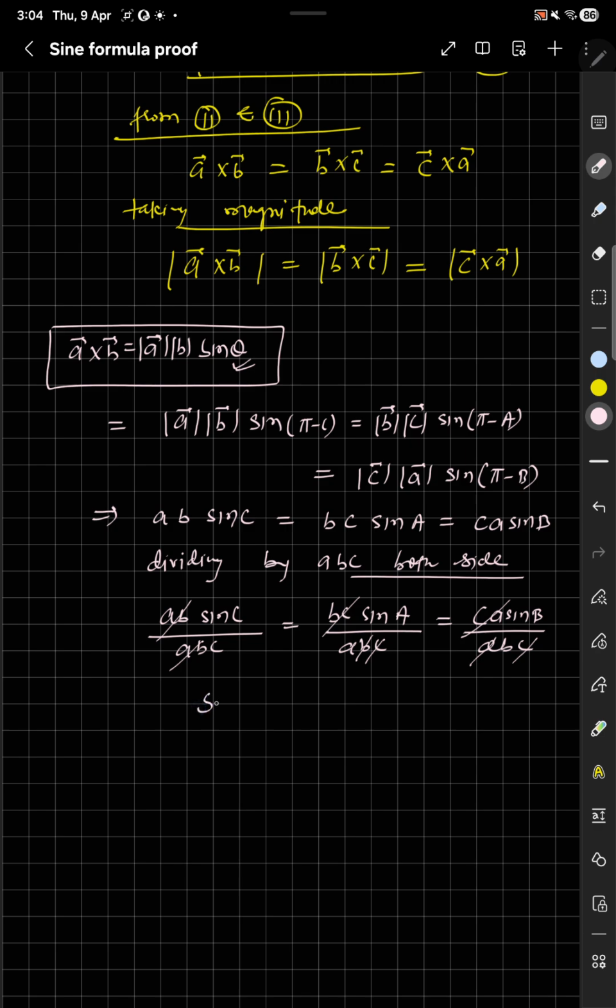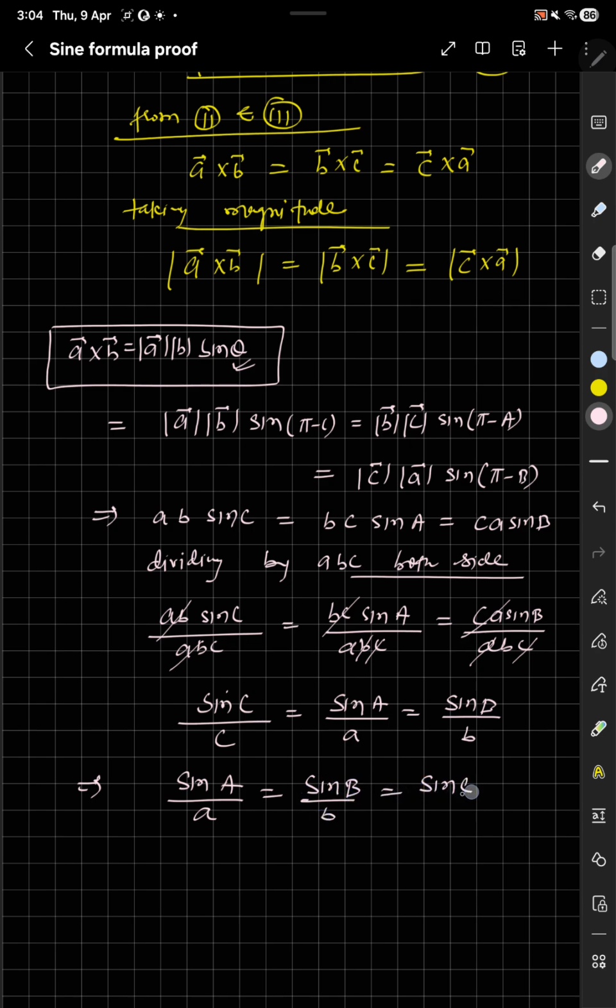So what we'll get, sine C upon C is equal to sine A upon A is equal to sine B upon B. If you will arrange this one, what you get, sine A upon A is equal to sine B upon B is equal to sine C upon C. So in this manner, we have proved the sine formula for a triangle, right?